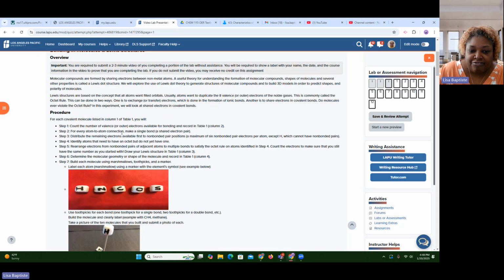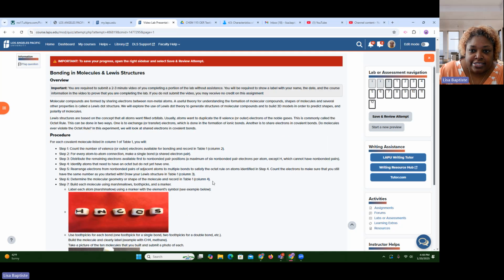You're going to count valence electrons, and that information is going to be in chapters 3 and 4 of your textbook. You'll find out more about valence electrons, but just to give you a heads up, if you look at the element's group number, which is located in the periodic table, that will tell you the number of valence electrons.